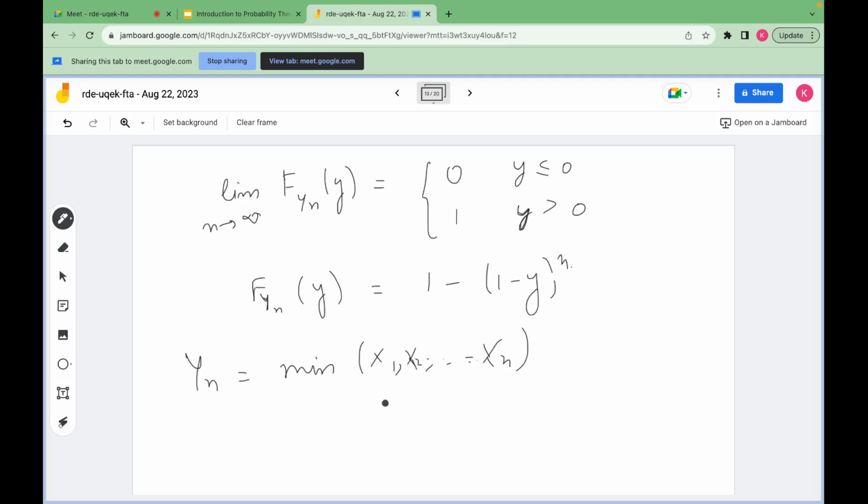We can see that x1 has a range of 0 to 1. Similarly, x2 has a range of 0 to 1, till xn has a range of 0 to 1. So this y also ranges from 0 to 1 only, right? So that's why this value of small y is from 0 to 1.